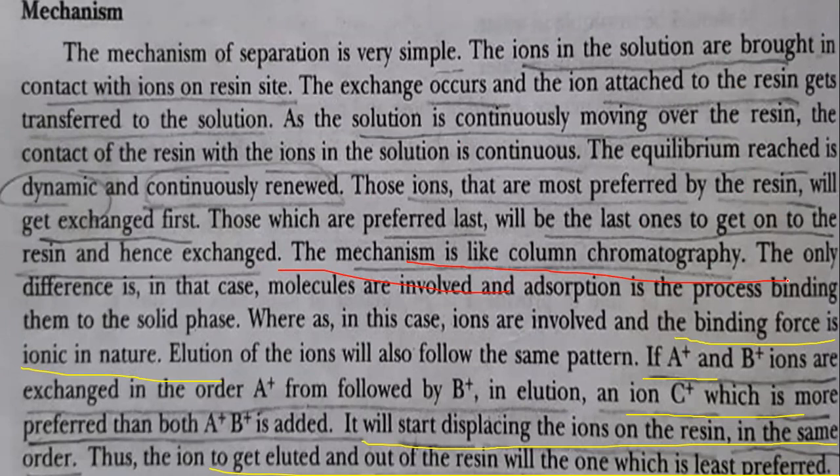Now those ions can be removed with the help of an ion which has a stronger binding force compared to the bound ions. For example, if A plus and B plus are the ions that are exchanged and eluted in the order of A plus followed by B plus, and C plus is an ion more preferred than A plus and B plus, it will start to displace A plus and B plus from the resin in the same order as their binding capacity.